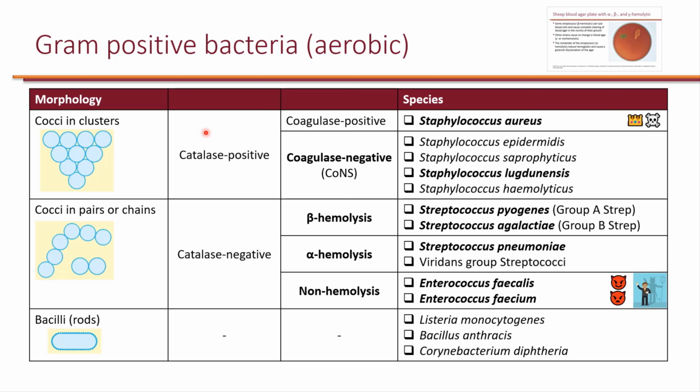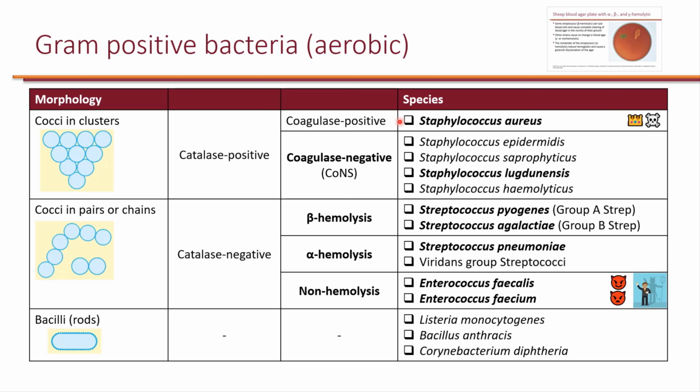And then for Gram-positives that look like cocci in clusters, typically there's a test they do, and these are catalase positive. And then on top of that, in the micro lab, they can do a coagulase test. And if you have coagulase positive, then you have a very clinically important organism, Staphylococcus aureus.